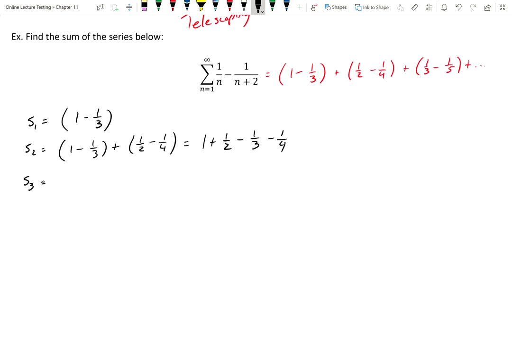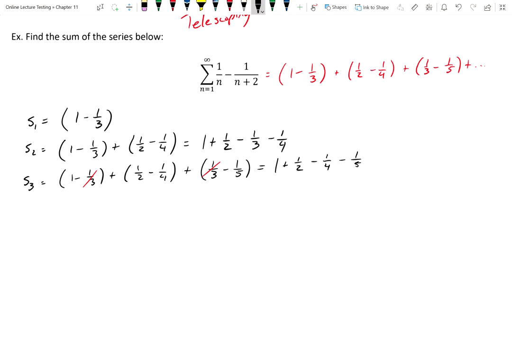S of 3. So we get 1 minus 1/3 plus 1/2 minus 1/4 plus 1/3 minus 1/5. Notice what happens. The thirds cancel each other out, leaving us with the following. 1 plus 1/2 minus 1/4 minus 1/5.